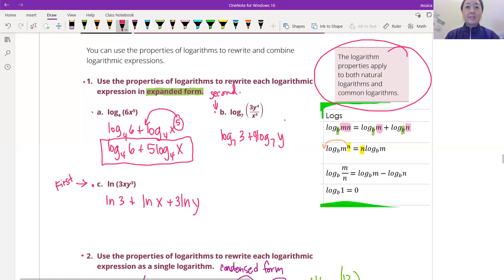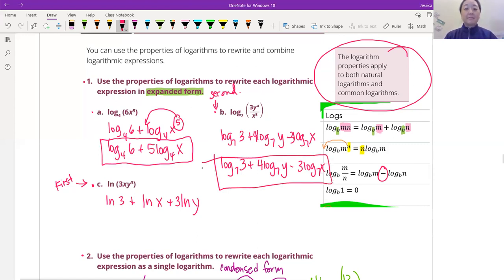And now I'm dividing an x to the 3rd power. Remember, dividing means I'm going to subtract, so minus log base 7 of x to the 3rd. But remember that 3rd, what do we do with that 3? Multiply it with the exponent. Let me just write that again: log base 7 of 3 plus 4 log base 7 of y minus 3 log base 7 of x. There we go, just like that.